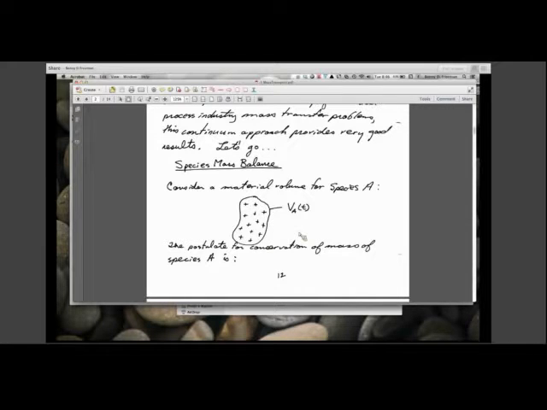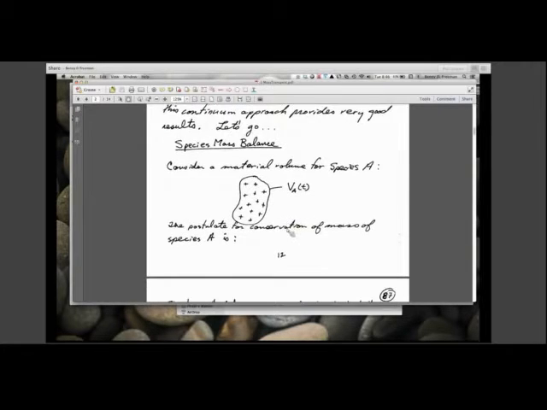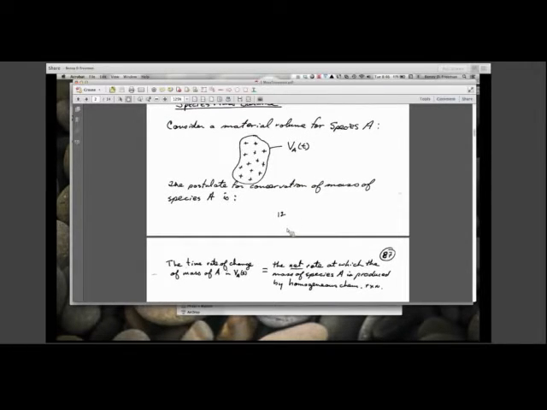And the way we get around that is by averaging over very small volumes relative to the size of any other dimensions in the system, but large enough to include many molecules of A and B and so forth. And that's the point made here at the top of this page, that we're averaging over a small region of space to get continuum values of variables like concentration.